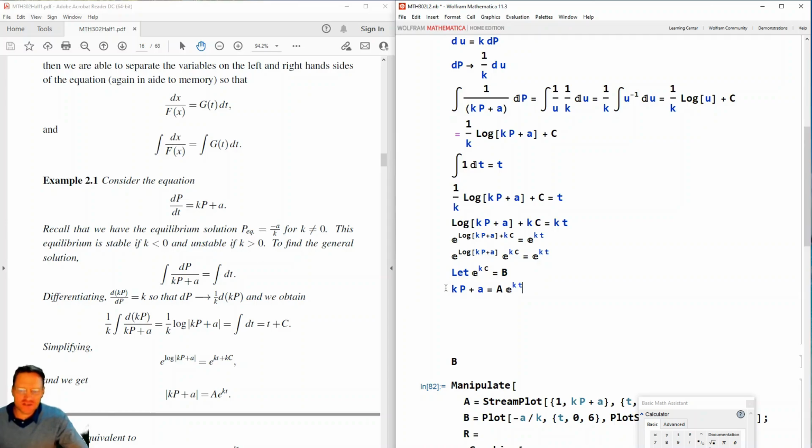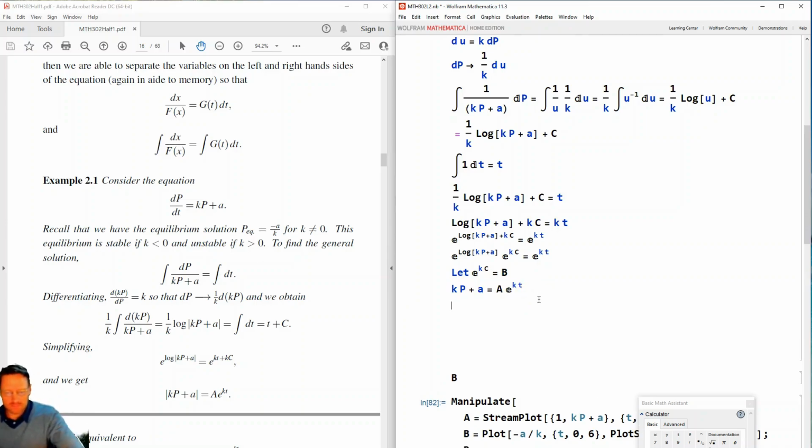Now to finish this off, we subtract A from both sides and then divide both sides by k.